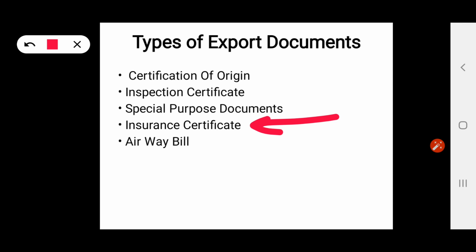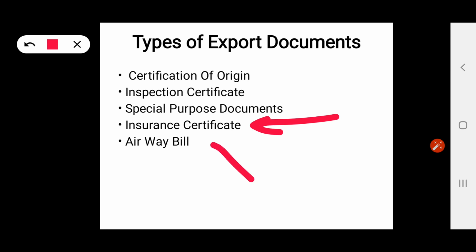It also describes the transactions and other coverages in brief. It also protects the merchandise from any kind of damage during transportation. There is a possibility of damage to the goods while transporting, so it is mandatory to have this insurance certificate for the merchandise.